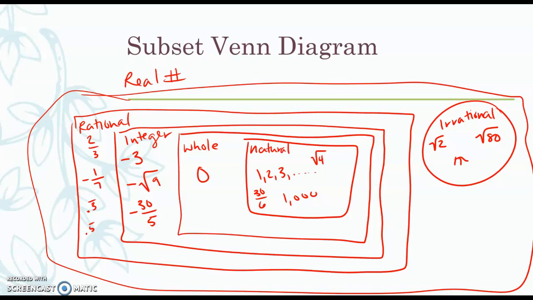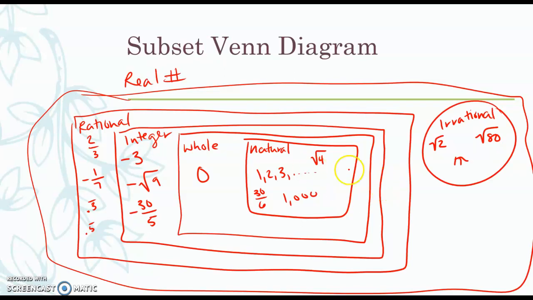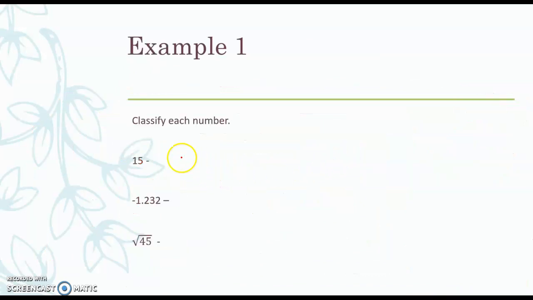So this, if you haven't drawn it, pause, draw. This is going to help you because now you're going to do some classifying of numbers. And our first example here is 15. So I'm going to come in here, and 15 is a number I would naturally count to, right? 1, 2, 3, all the way to 15. So it's a natural number.